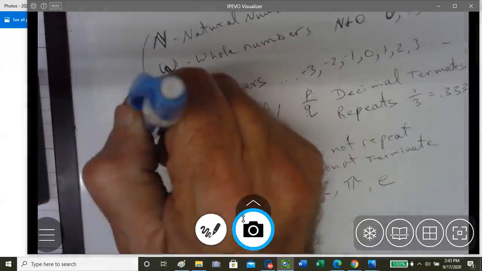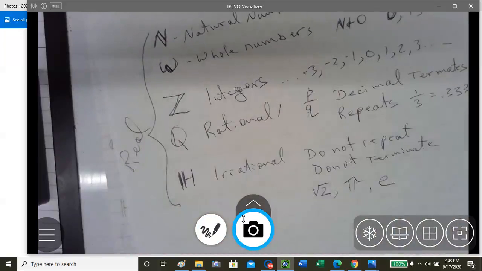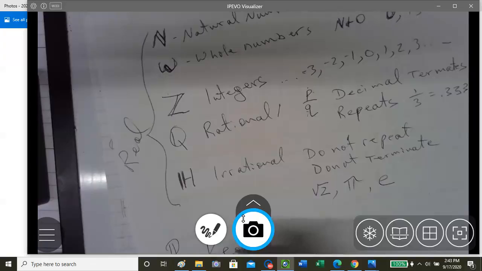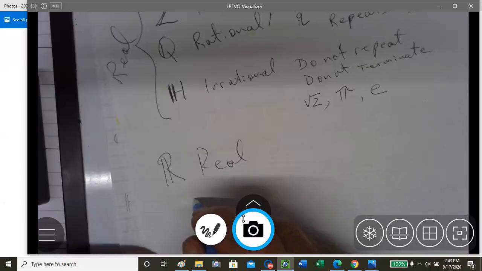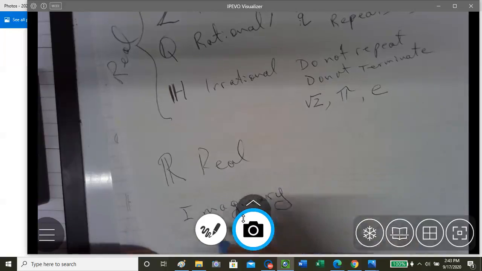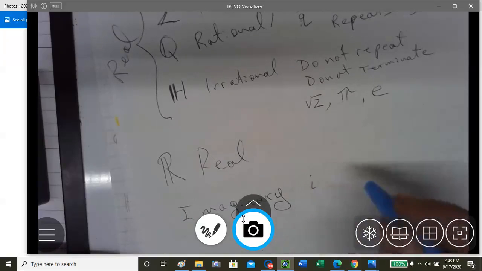Well, all of these together are in the real number set. What is not in the real number set? Imaginary numbers, such as i.